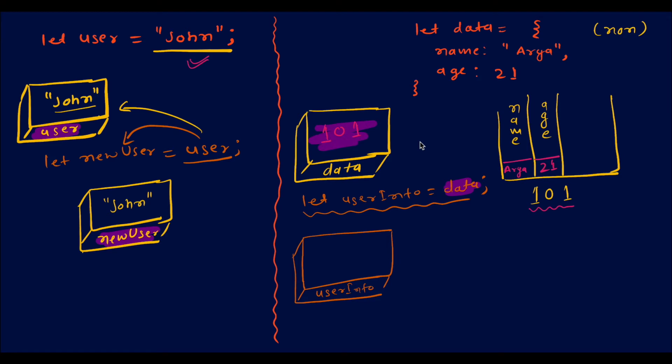So 101 will be copied here in the new box user info. And what is 101? 101 is the address of the object that was created. So if you look at this, you will find that this box points to this object, and now after copying this value, this also points to the same object. And that is the difference between understanding copy by value and copy by reference.